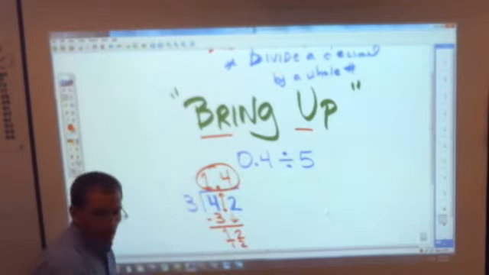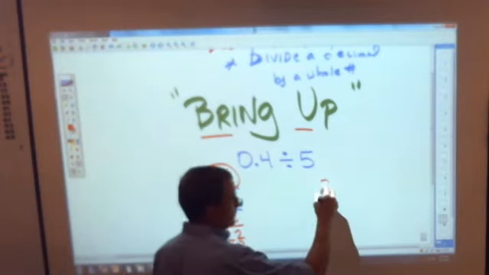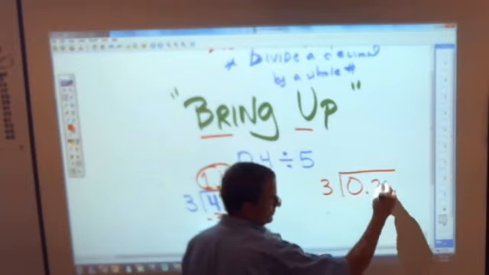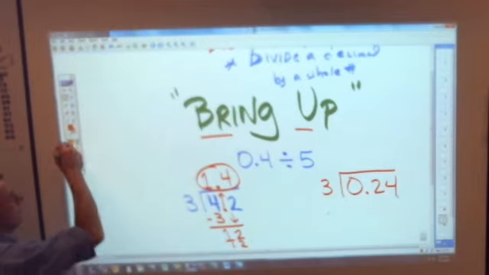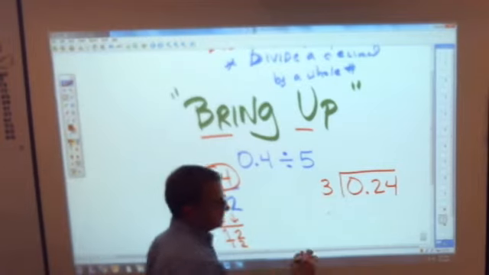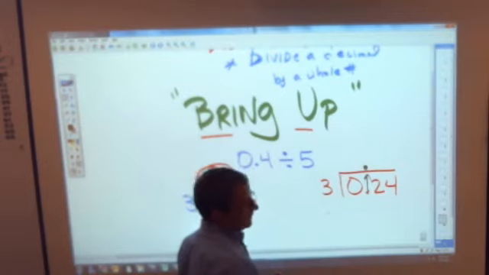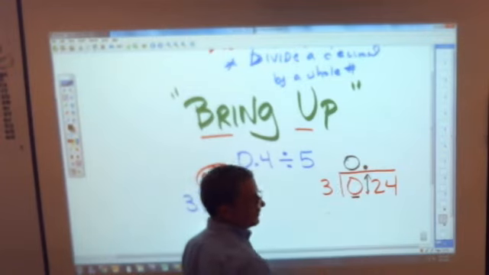Pretty simple. The next one, here's where things get a little more dicey, 3 into 0.24. Again, the rule is you simply bring up the decimal. So it's going to go right here in my answer. You need to jot down zeros to hold down some places here. 3 doesn't go into 0, so there's nothing there.